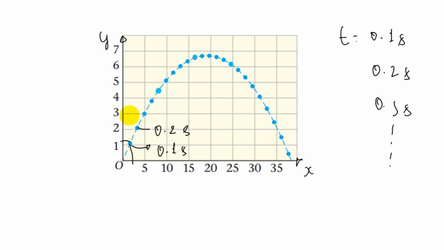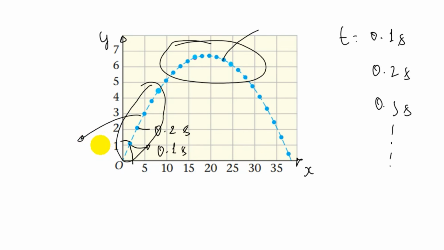Right. Now if you observe this plot carefully, we see that the points are not evenly spaced in terms of position, even though they are evenly spaced in time. Like here, the points are much closer, and here the points are much wider. Therefore we can say that a large fraction of time is spent near the highest point and the least fraction of time is spent initially.